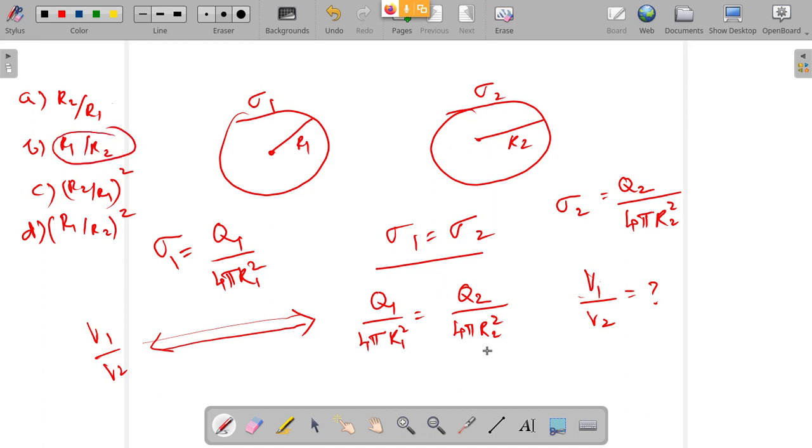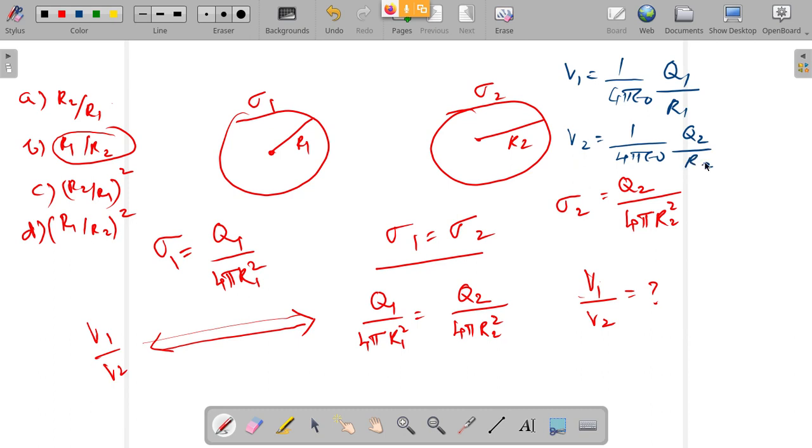Because see, all you have to do is write V1 by V2, right? First you have to write V1 and V2 only. So what will you write for V1? You know the formula, it's 1 by 4 pi epsilon naught Q1 by R1 for the spheres, right? For the other sphere, V2 is equal to 1 by 4 pi epsilon naught Q2 by R2.